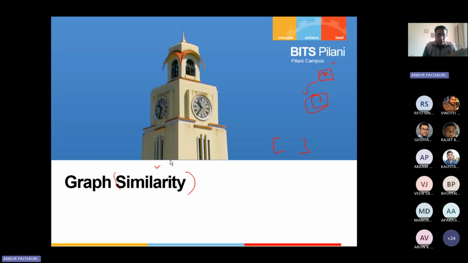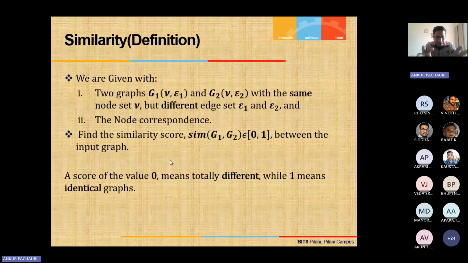We have briefly talked about structural equivalence and regular equivalence, and we'll continue in that mode. If I'm talking about similarity between two graphs, we are given two graphs, G1 and G2, such that the node set remains the same and only the edge set changes.